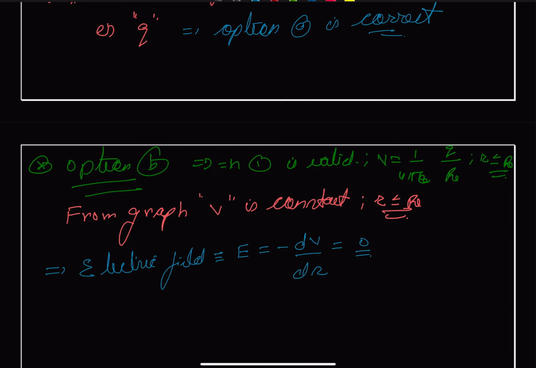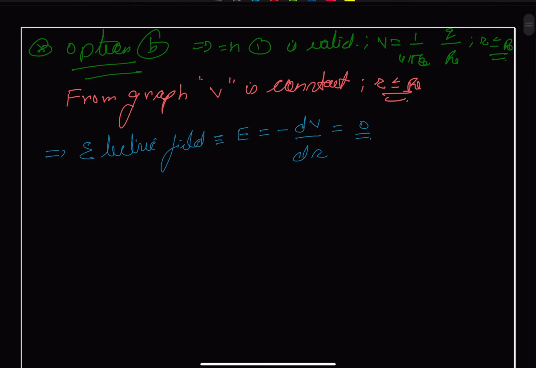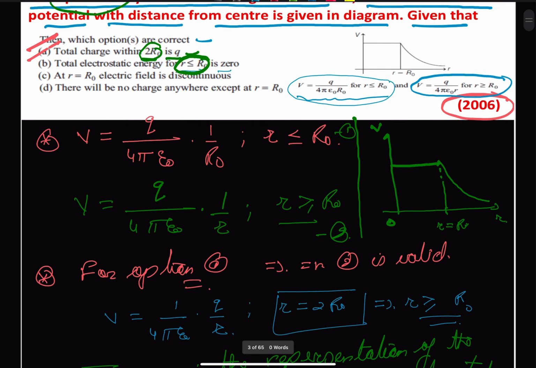Based on this, we can easily find out our energy. Energy, that is our U, is represented as half epsilon naught E square. Electric field is 0, so this gives us that our energy is equal to 0. So option number B is also correct.